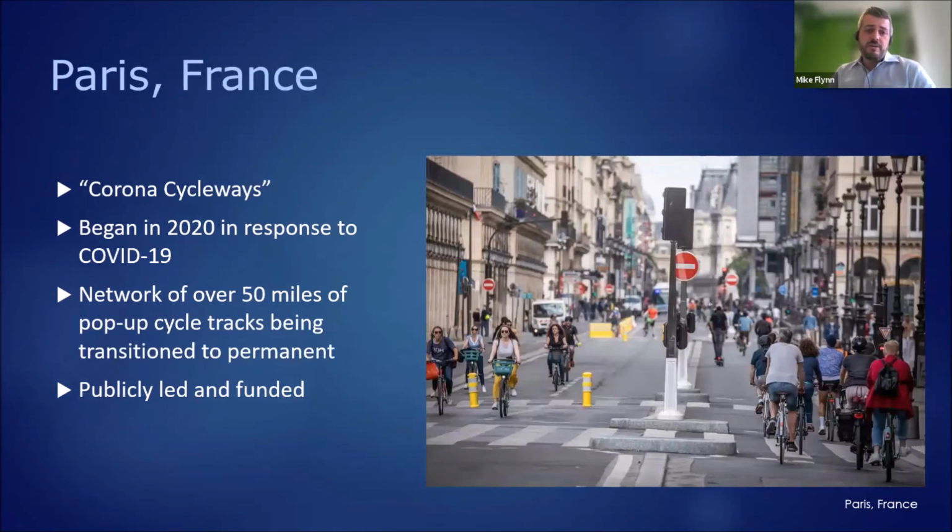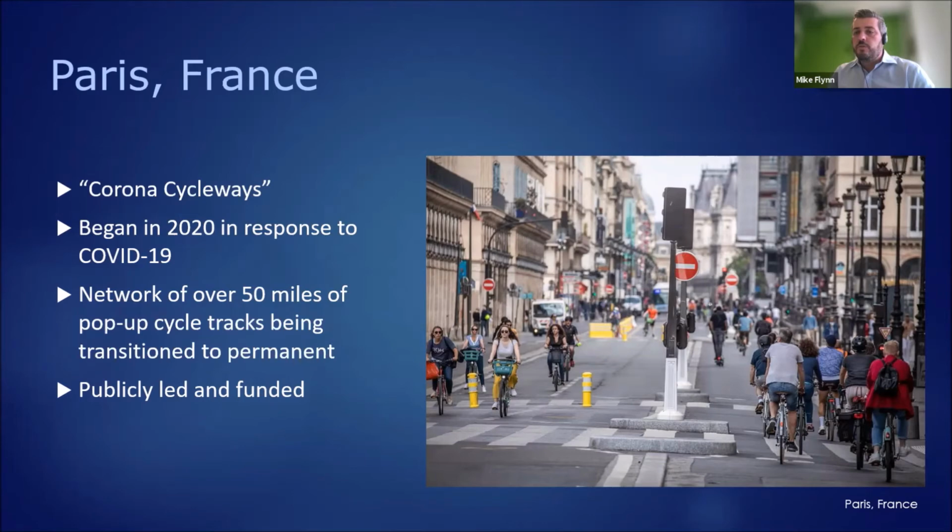Paris, obviously a much bigger city, they had their Corona cycleways. And I think what was noteworthy about this is that they really repurposed quite a bit of car space on the roads, car lanes, to do this. And the mayor there said that she's going to make it permanent. Much of it will be permanent.